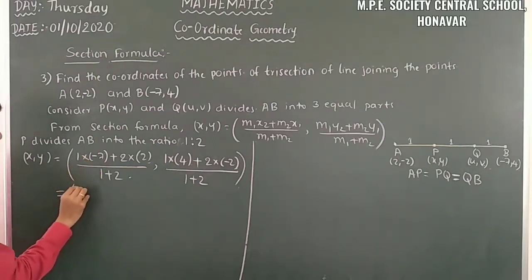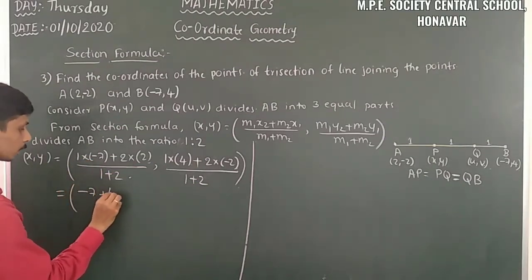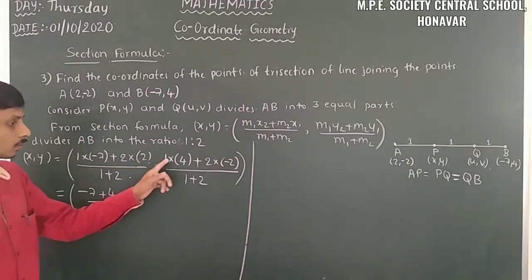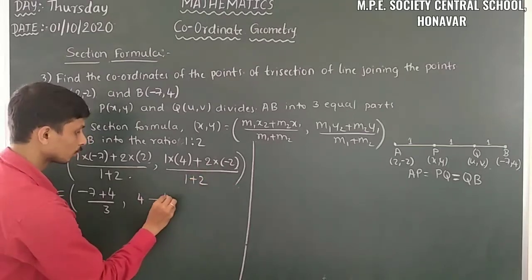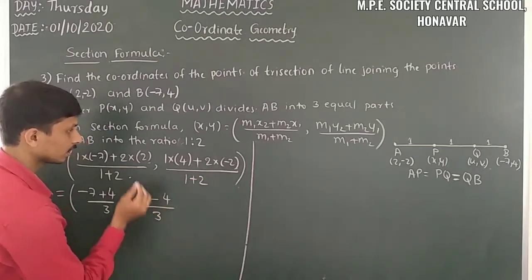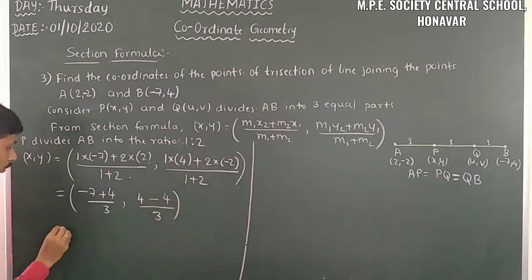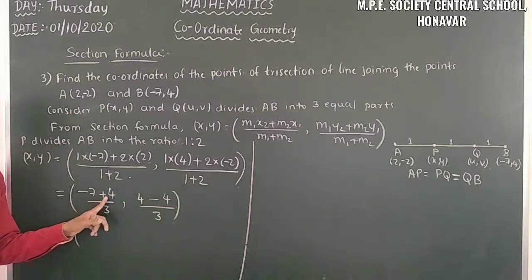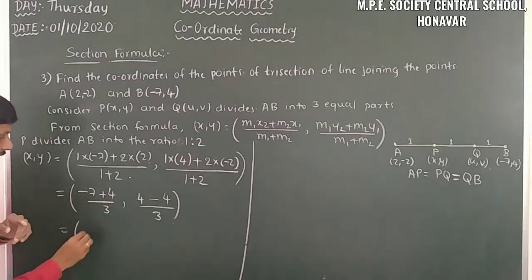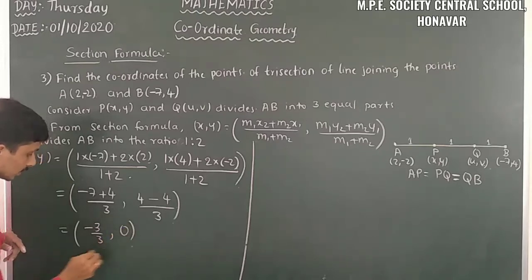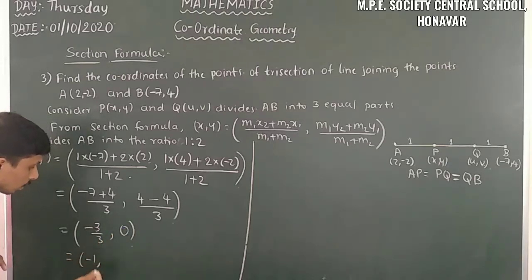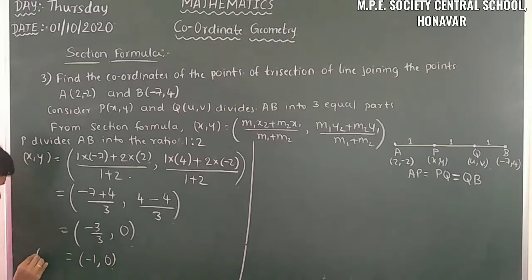It is (-7 plus 4) divided by 3, and (1 into 4, 4 minus 2 into 2, 4) divided by 3. -7 plus 4 is -3, so -3 by 3 comma 0, that is (-1, 0) is (x, y). We have the value of (x, y).